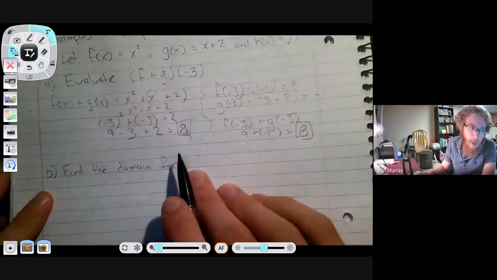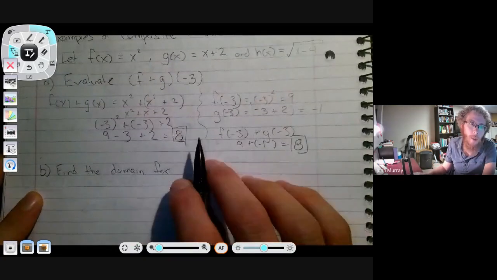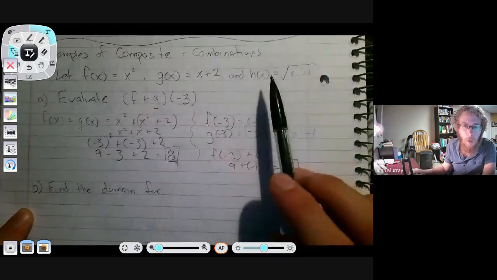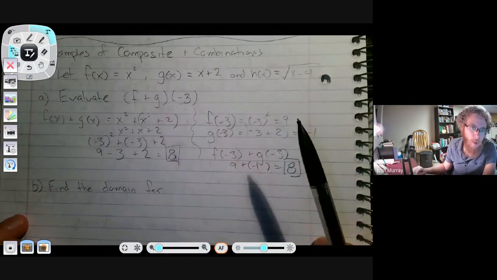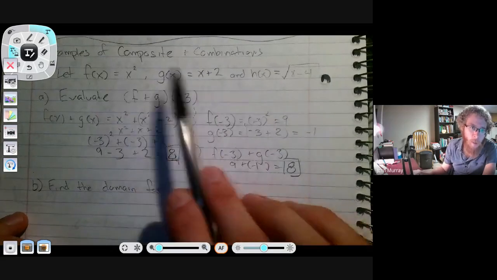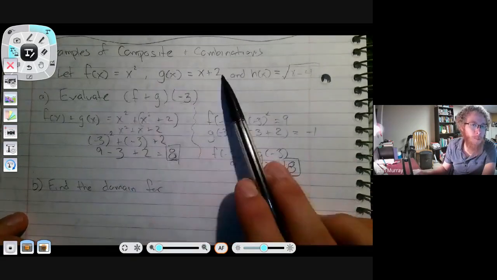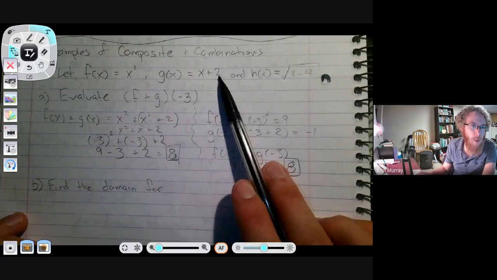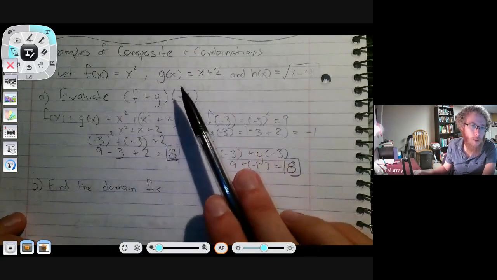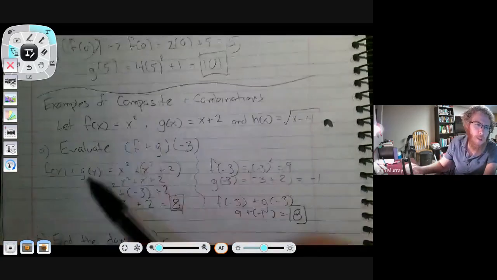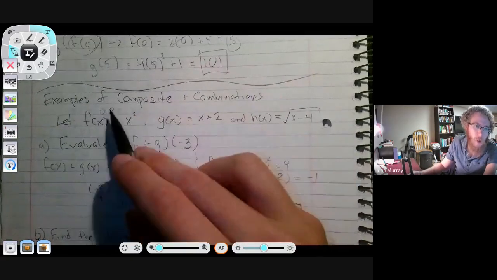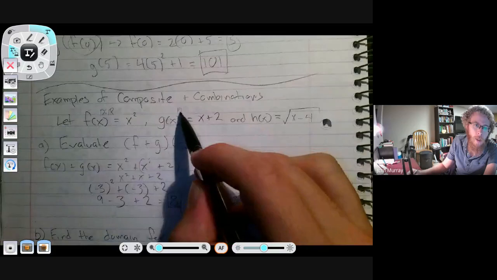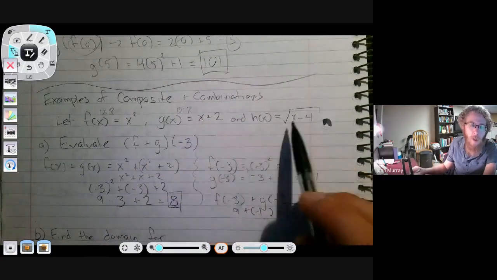All right, so they may also ask you to find the domain, like we talked about last week and the week before, of a combination or composite functions. So remember, anytime we have normal polynomials, our domain is all real numbers. So if you'd like to, do each one separately before we begin. The domain here is all real numbers.